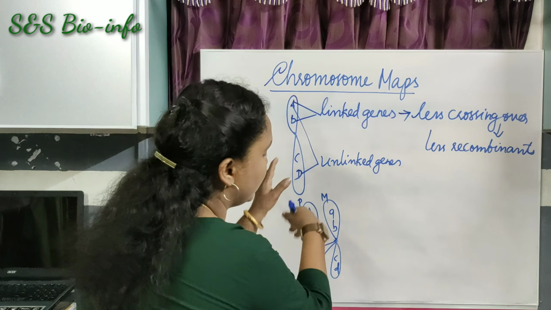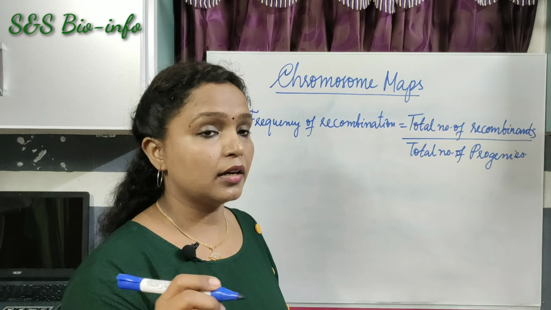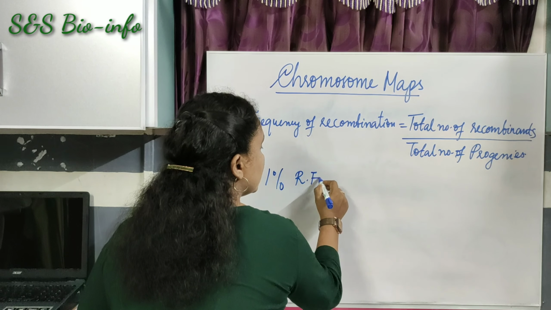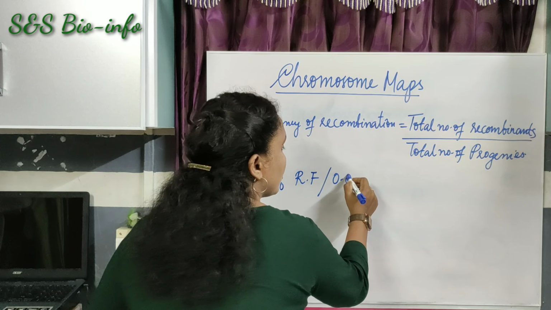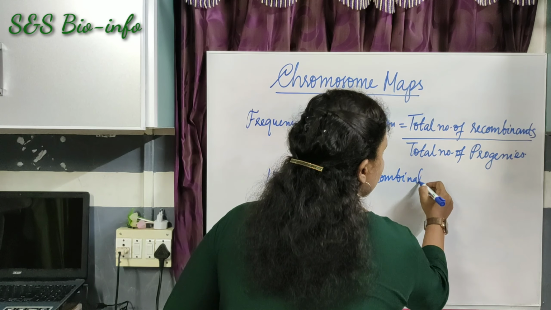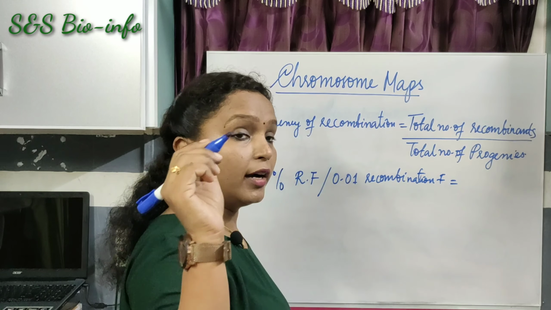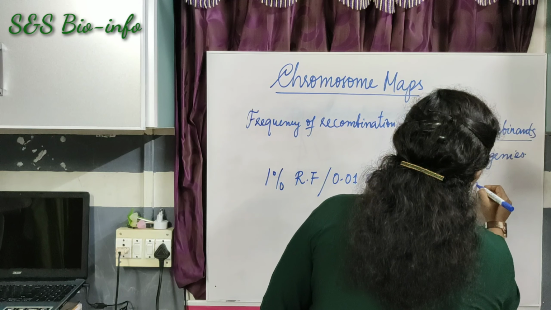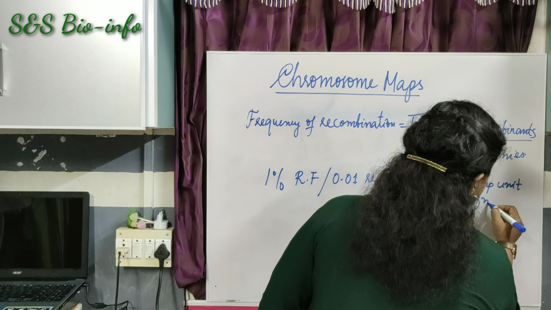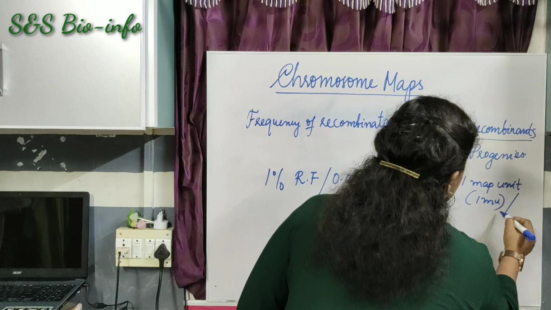Here recombinants means the progeny that show non-parental traits. Here 1% recombination frequency, or 0.01 recombination frequency, is equal to 1 map unit, or 1 MU, or 1 centimorgan.